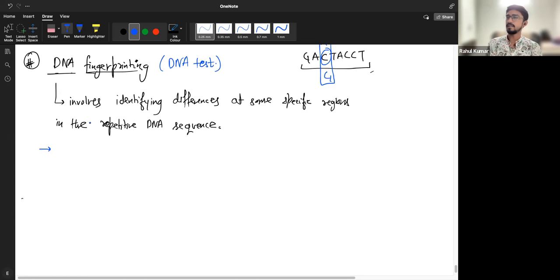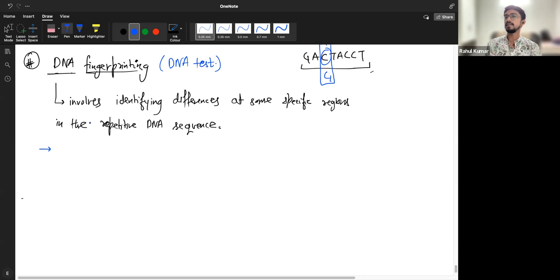You have studied about satellite DNA in class 11th during cell division and cell cycle. Remember, on a chromosome there was a satellite towards the very end, the satellite chromosome. That's called satellite DNA.